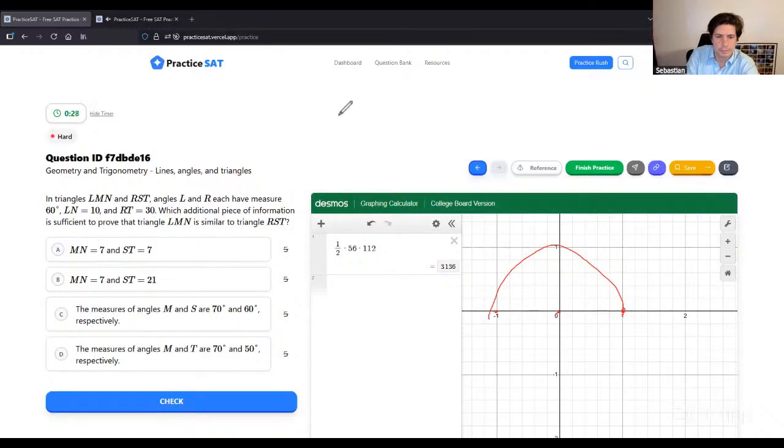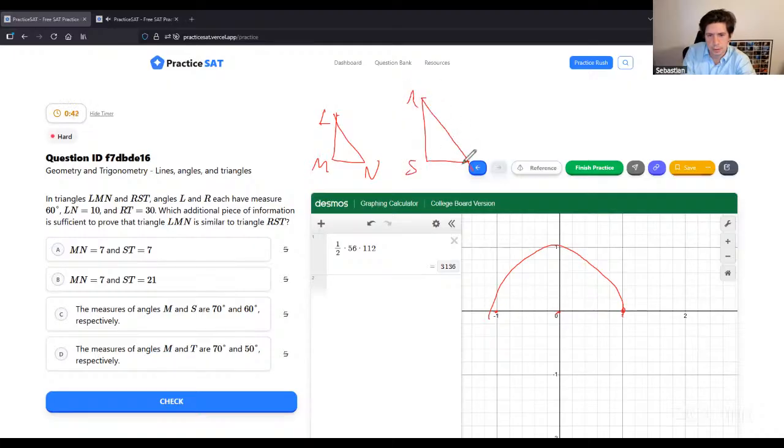So we're going to have LMN, RST. LN is 10, RT. Oh, oops, I did LM. LN is 10, RT is 30.